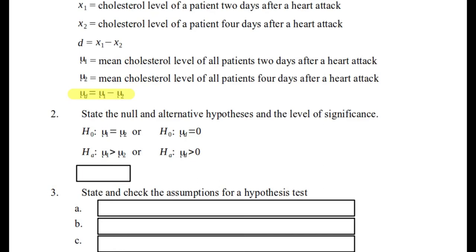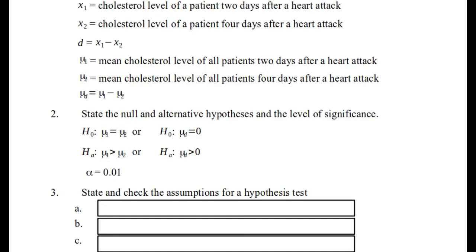So when we enter the alternative hypothesis into the calculator, we're going to say that mu sub D is greater than 0. This is also where we state the level of significance. In this case, alpha is 0.01.